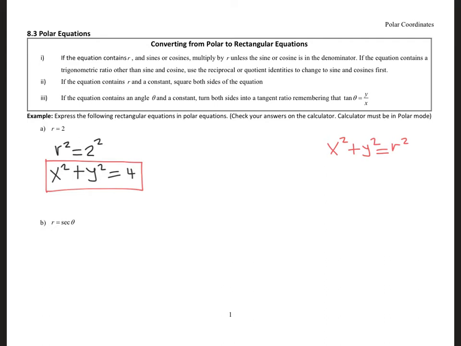And that's what I'm going to do. So secant is the same as 1 over cosine theta. And then from that point, I'm going to multiply both sides by cosine of theta.